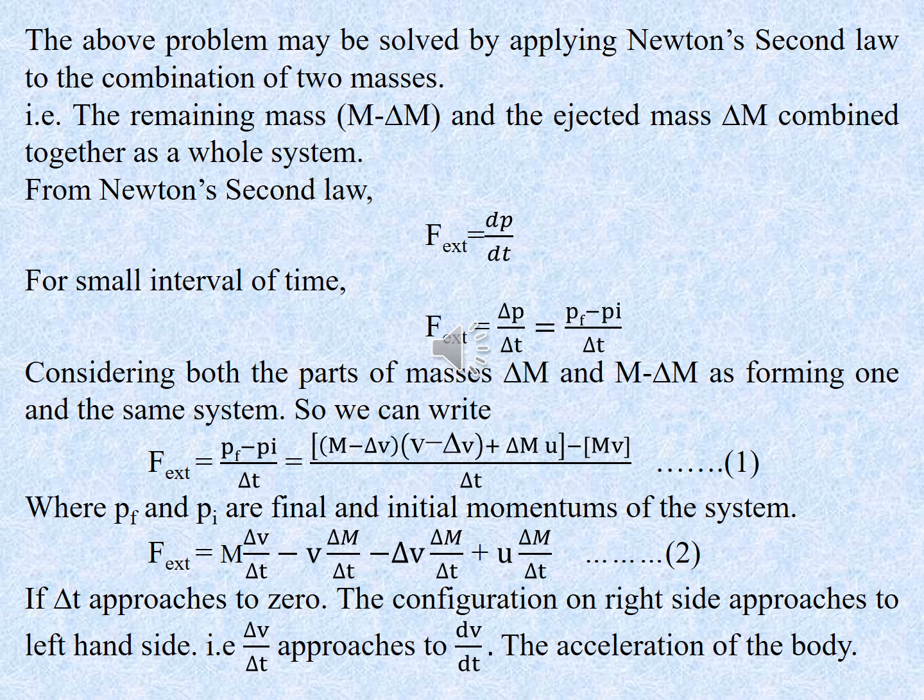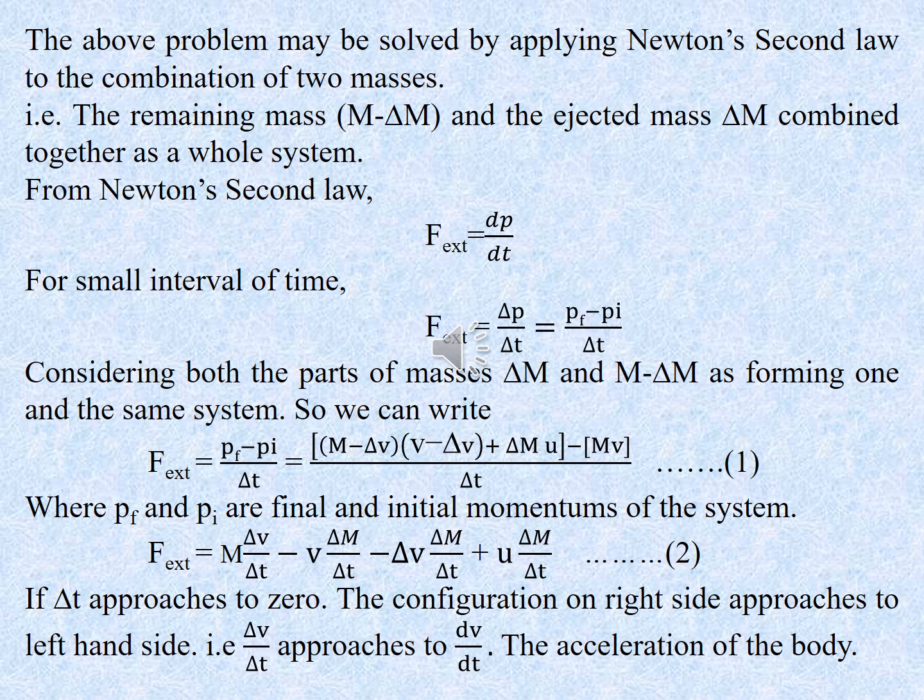We know Newton's second law of motion with respect to momentum: F external is equal to dp by dt. For small intervals of time, F external is equal to delta p by delta t. Delta means the change between initial and final momenta, so this can be written as pf minus pi by delta t.